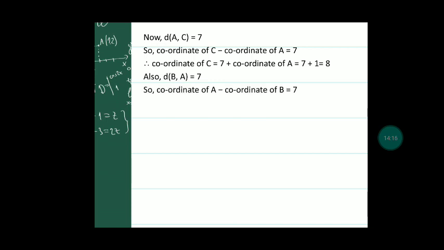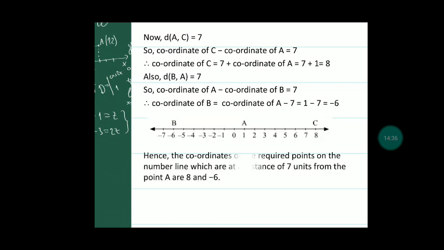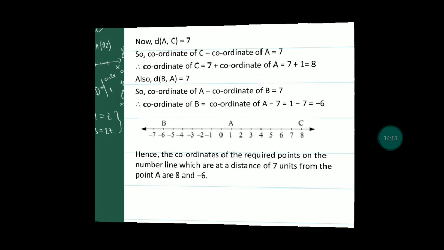So coordinate of A minus coordinate of B is equal to 7. Therefore coordinate of B is equal to coordinate of A minus 7, which is 1 minus 7, equal to minus 6. Hence, the coordinates of the required points on the number line which are at a distance of 7 units from the point A are 8 and minus 6.